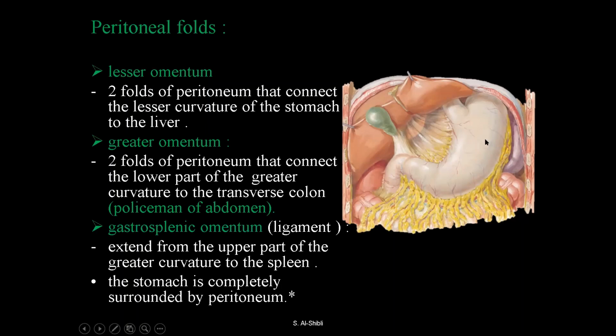Because actually no structure in the abdomen is really intraperitoneal. This is a misnomer. Maybe only the ovary is truly intraperitoneal. The others are called intraperitoneal, but actually they are not.